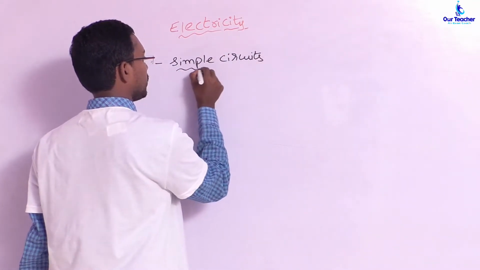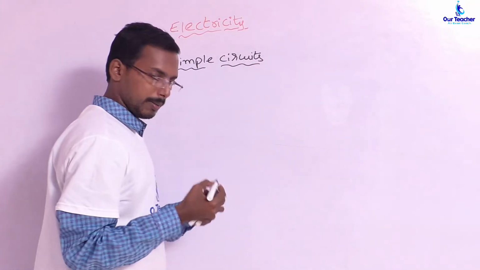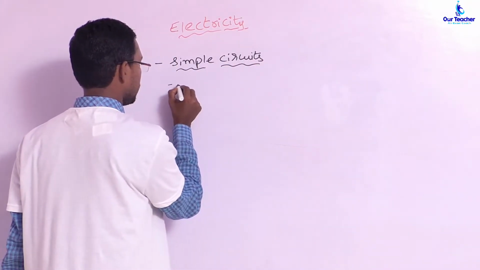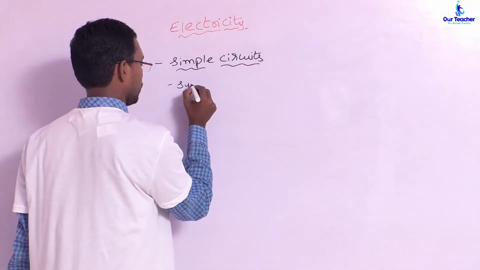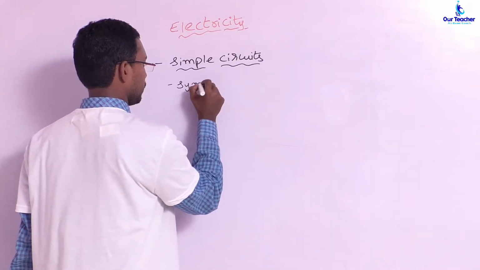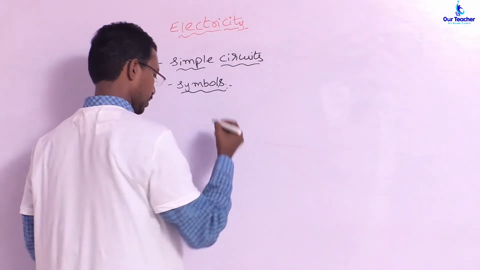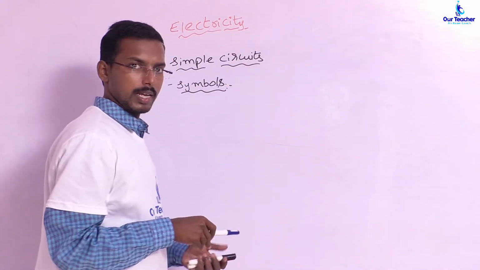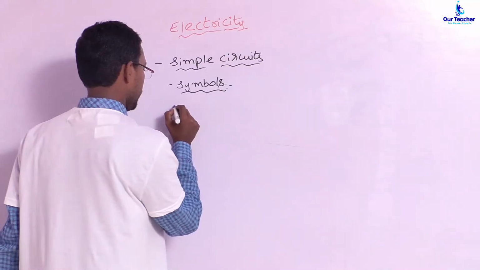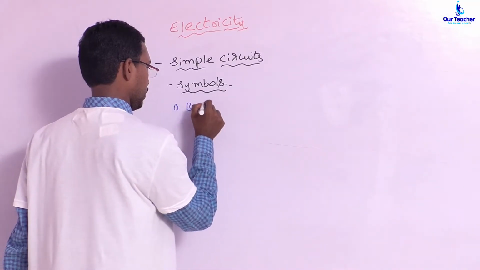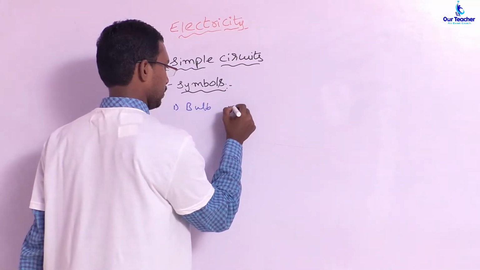In this topic of simple circuits, we will deal first of all with the concept of symbols. There are certain symbols used in electrical circuits. First one, the bulb symbol is this one.